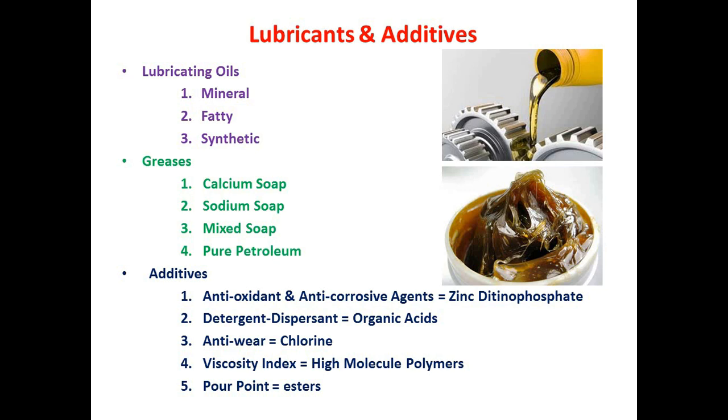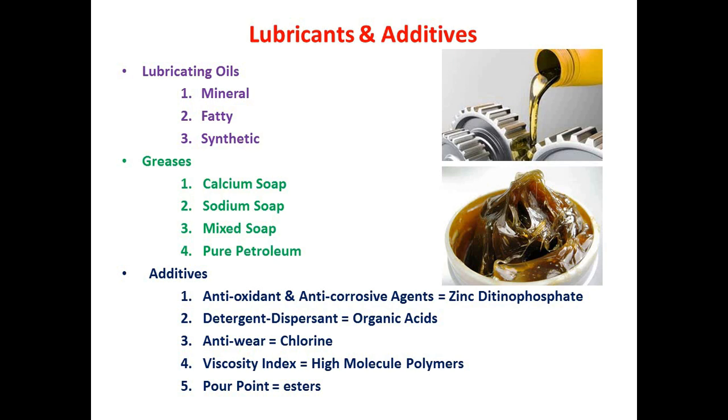So, these are the two types of lubricants that we can utilize: lubricating oils as well as grease. Now, for better performance of the lubricating oils or the grease, these can be mixed with certain additives. Here we can see that zinc dithiophosphate can be added to the lubricant so that it will improve its antioxidant as well as anti-corrosive property.